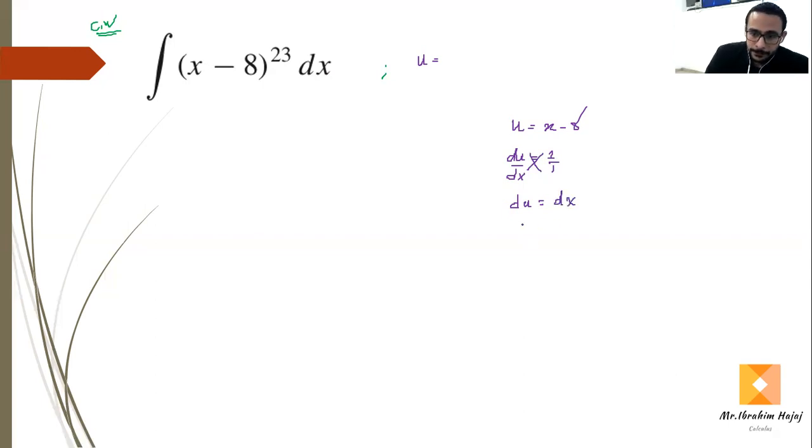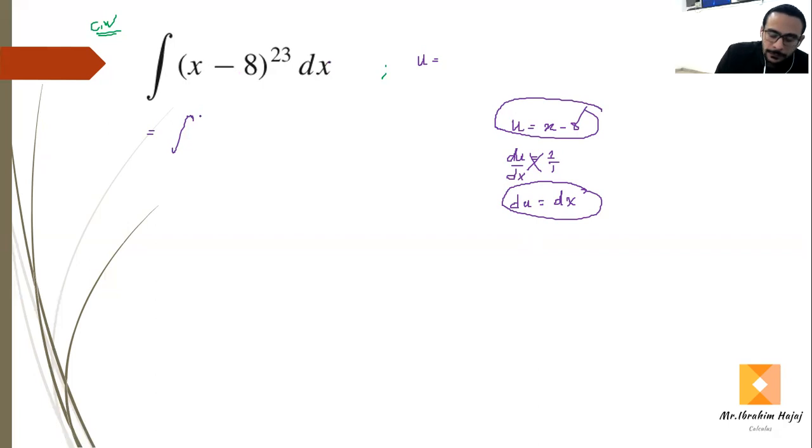So du equals dx and u equals x minus 8. Let us substitute here in the question: the integral of u to the power of 23 multiplied by du over dx, change it to du from here.